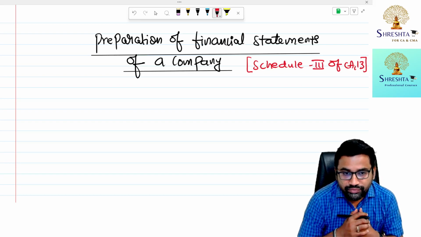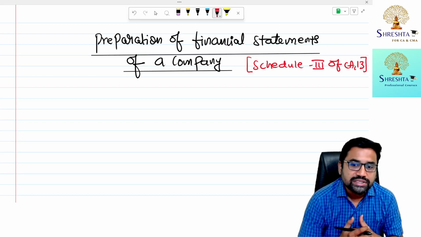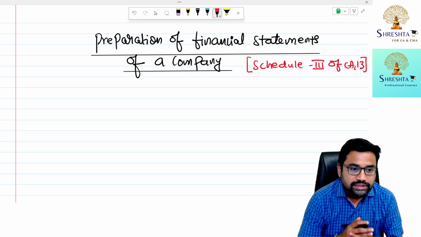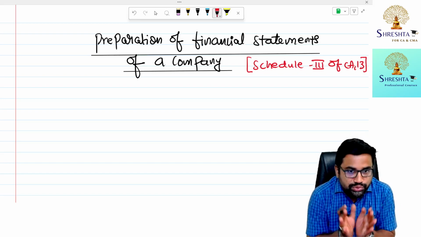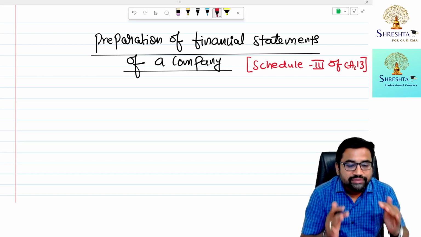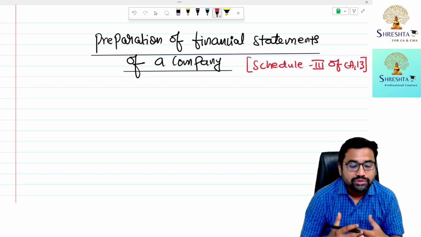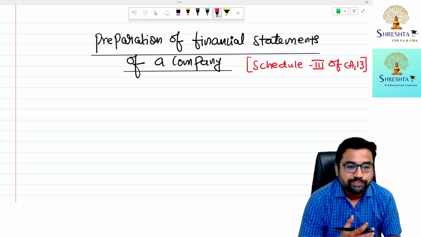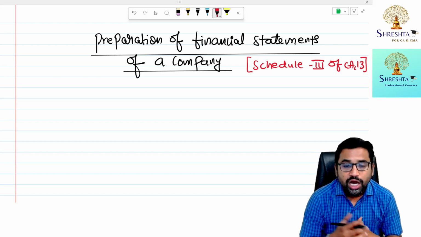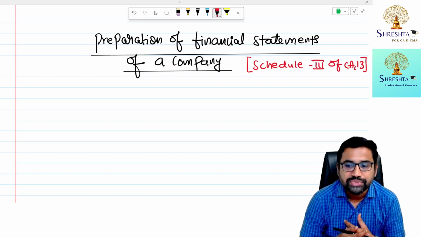Now, these financial statements have to be prepared in such a manner that the company gives information to users through them, so that the information is a true and fair view, and is complete to the extent possible. Now, given a choice, how will companies prepare financial statements?